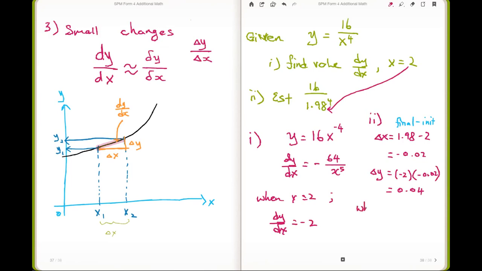So when x equals 2, y will be equal to 1.